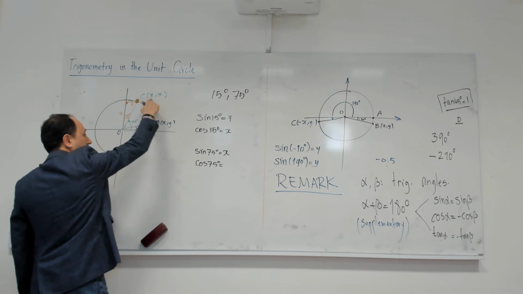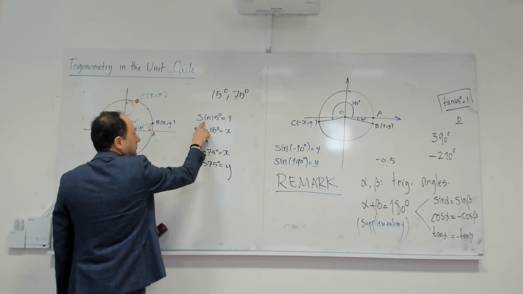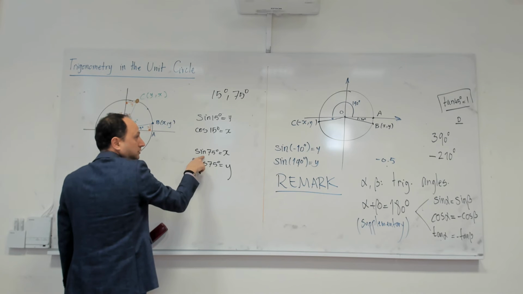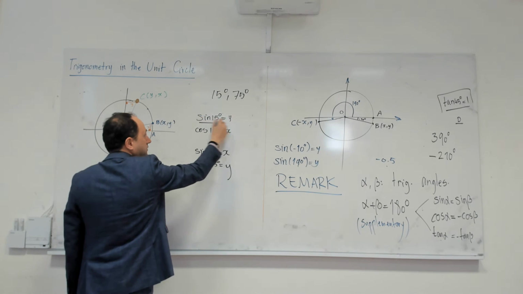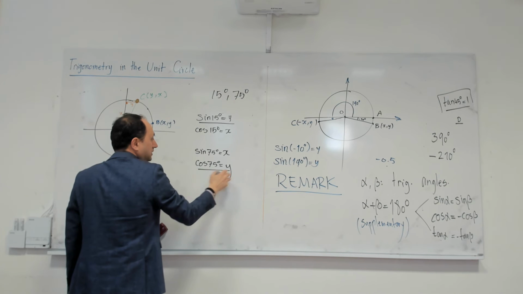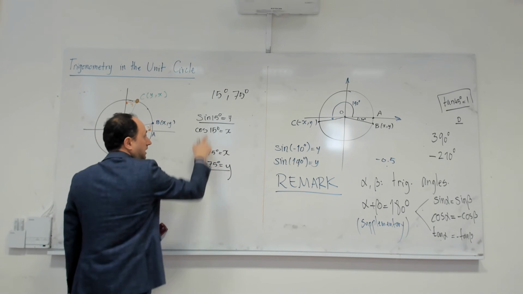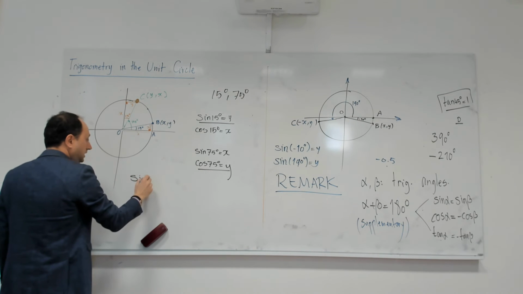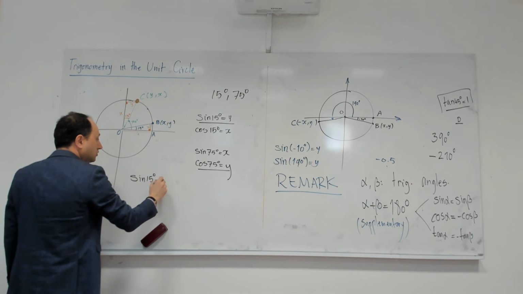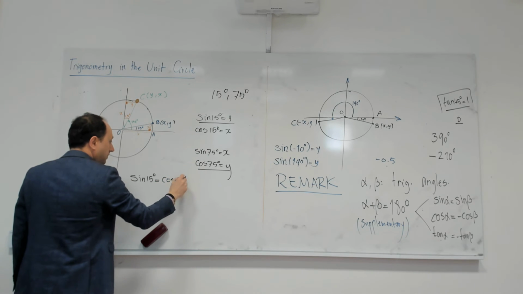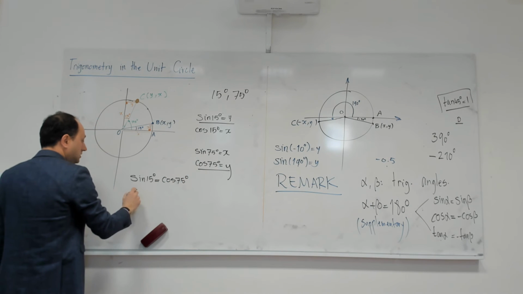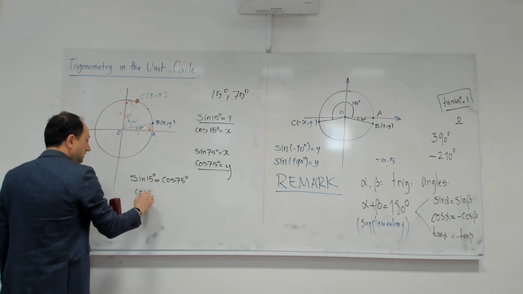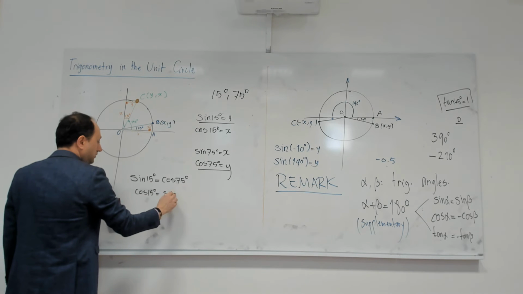What is the x coordinate? Y. So you see that sine of 15 is not equal to sine of 75, that is not true. But sine of 15 is y, cosine of 75 is also y, and they have to be equal. So this means that sine of 15 is equal to cosine of 75. And vice versa, cosine of 15 is equal to sine of 75.